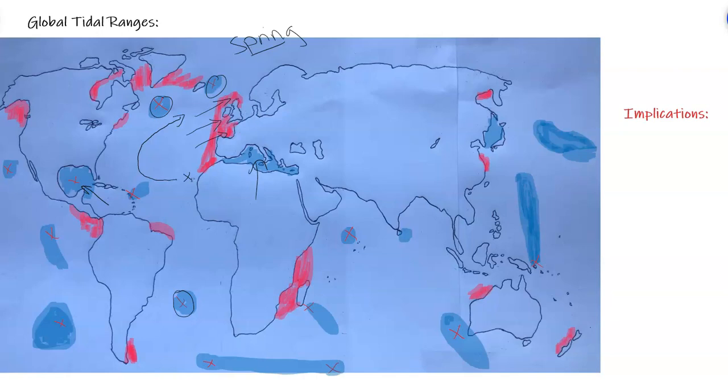So if you correspond that at certain times of year, then the tidal ranges can really cause a large impact. Coastal erosion, damage to structures, evacuating people, and all those different variables.